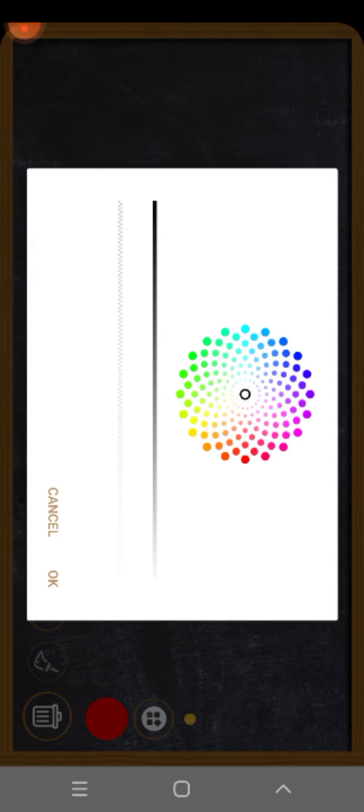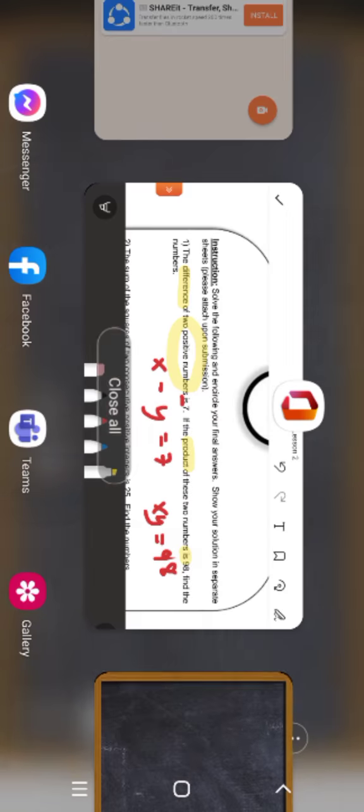Now let's solve for number 2. Problem number 2 states that the sum of the squares of two consecutive positive integers is 25. Find the numbers. So keywords are sum of squares of two consecutive positive integers.